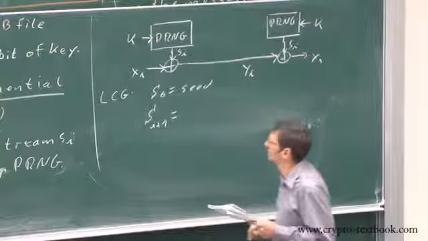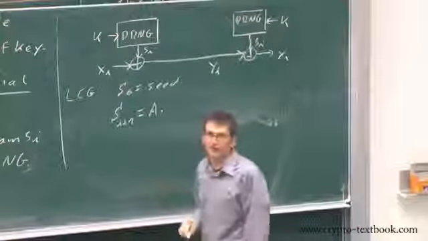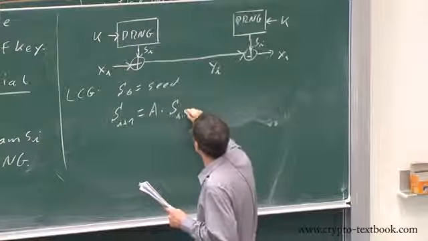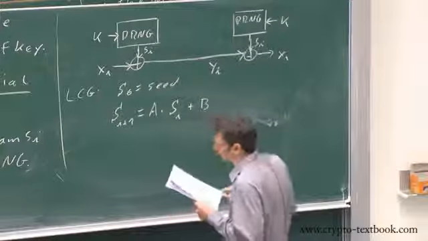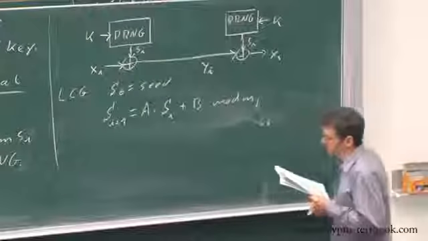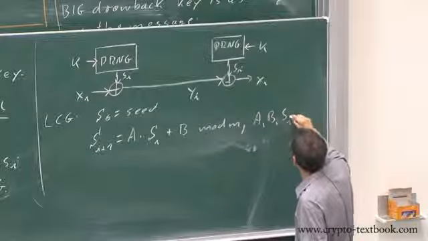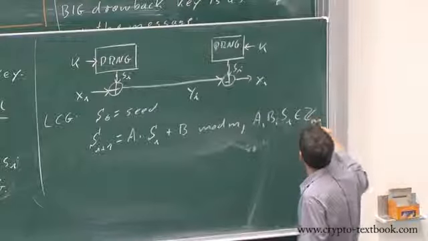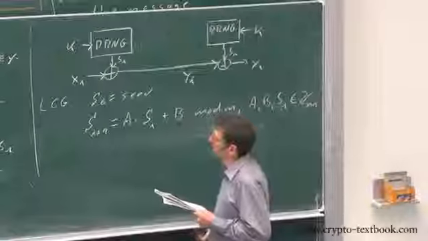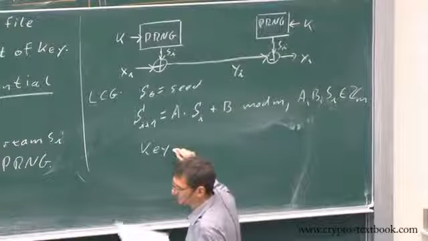So S_{i+1} is some constant A times the previous value S_i, plus another constant B, mod m, where all values involved, A, B, and the S_i values, are elements of Z_m.